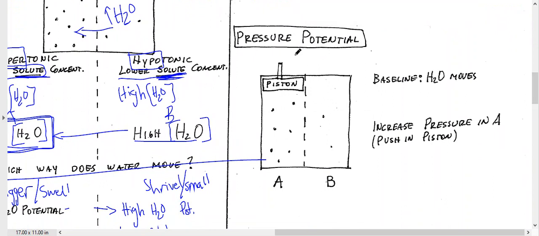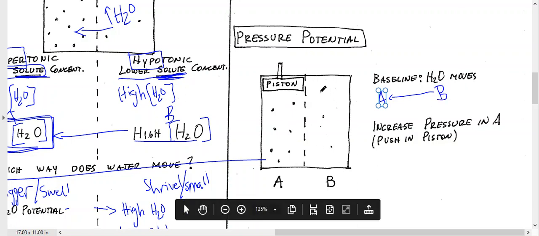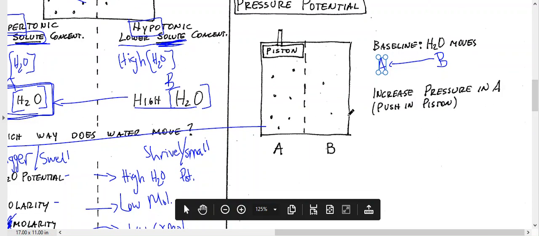Another way to achieve this is to apply pressure. So here we have the same thing. Again, water is going to move down its concentration gradient from a high water concentration on side B to a lower water concentration on side A because of all this solute. But if we apply pressure to side A, we can reverse that, right?